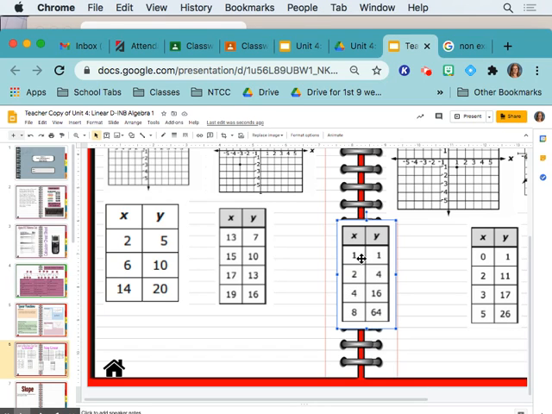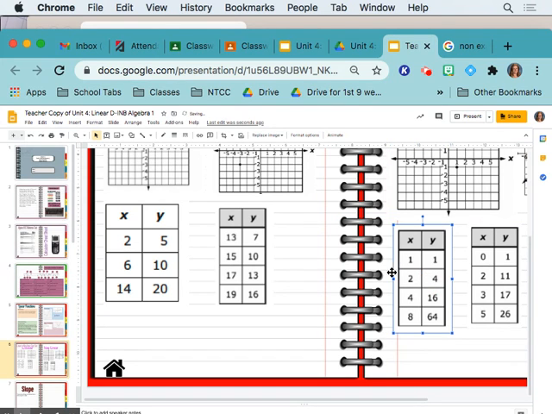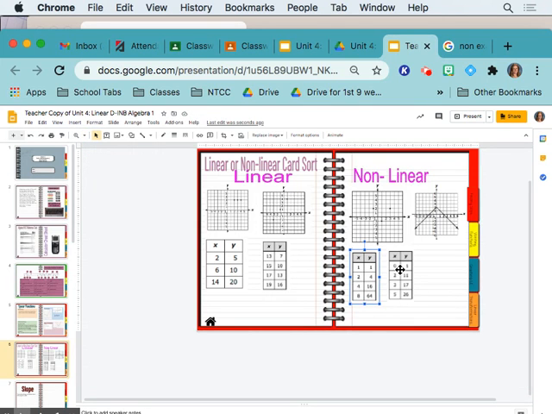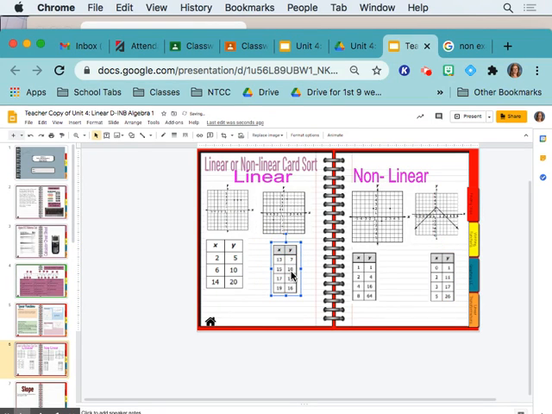If it goes up by 1 here, and that one only goes up by 3, then if it was linear, you would double the 3, which would be 6. So 4 plus 6 should get you 10. So this is nonlinear. It's not following the same pattern. Okay, so we have finished linear versus nonlinear. So you have to have a constant rate of change, has to form a line.